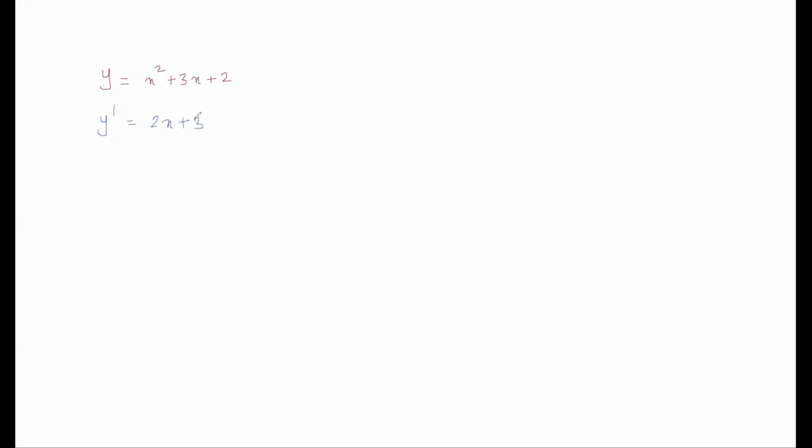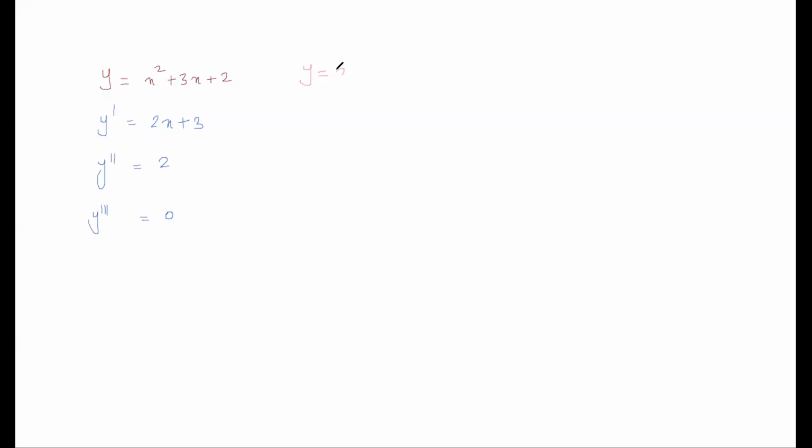So first derivative is done. Now its derivative, y double dash, which is equal to 2x ka derivative 2, that is the second derivative. If you want the third derivative, the derivative of a constant is 0 and it will go on. After the second, third derivative, if you find any derivative, the value will be 0 only. I hope you got the idea.